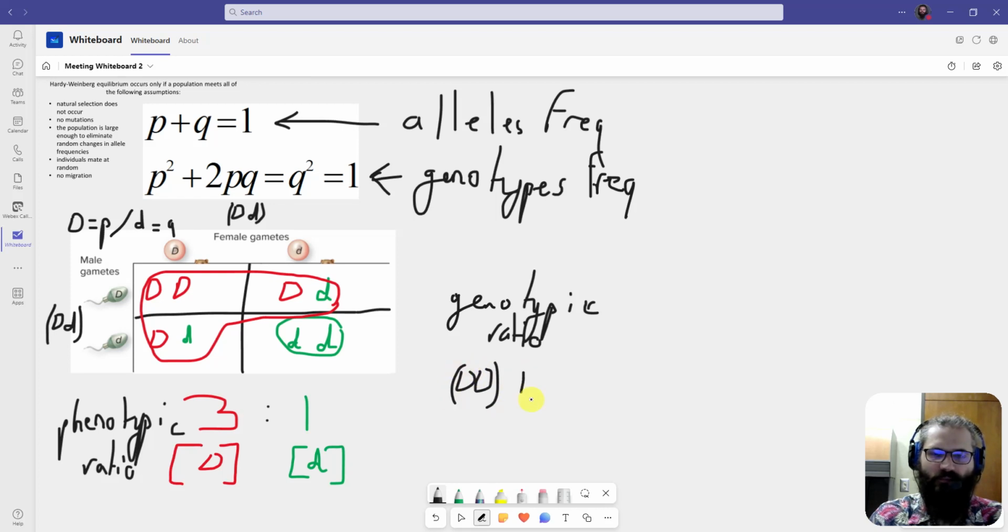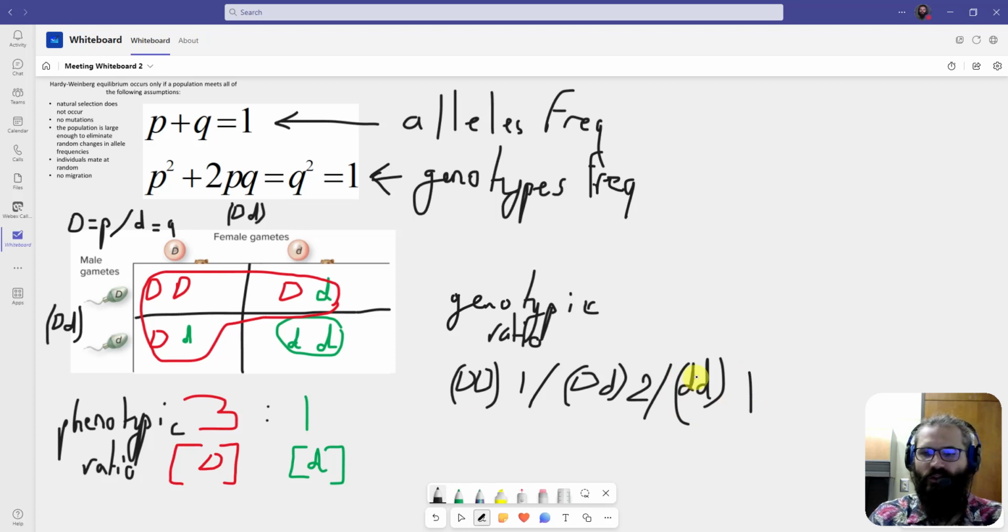You have one of them, and then you have heterozygous, big D, little d, those you have two of them, and then you have homozygous recessive, and you have one of them, right? 1-to-2-to-1. So those are the genotypic ratios.